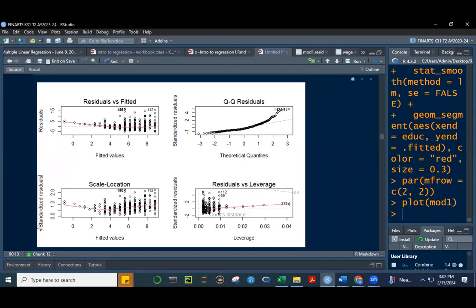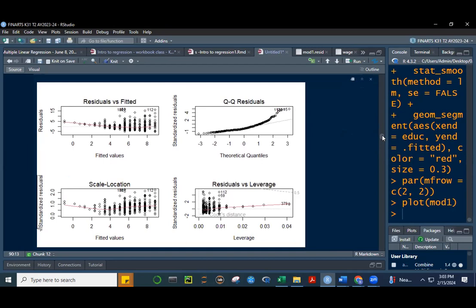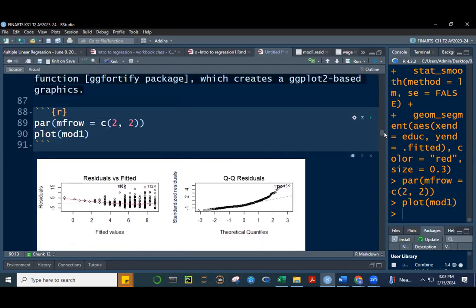This one tells us about the heteroscedastic distribution of the residuals. You can see here that it's not in particular a straight line. And this one is also about heteroscedasticity, but we're going to discuss this in greater detail after our multiple linear regression.